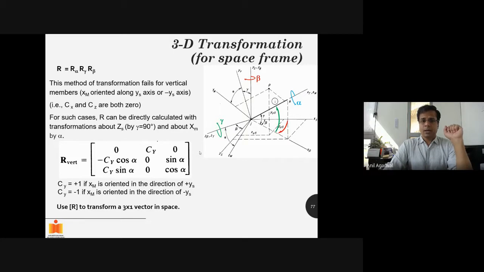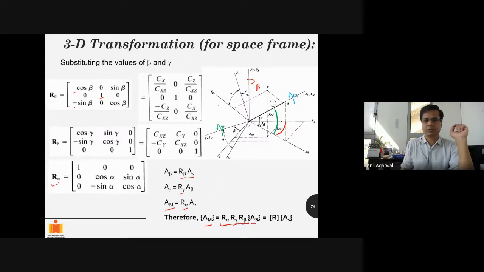Again, that question of vertical members still remains unanswered because, like before, the Y transformation cannot be done. The beta transformation, rotation about Y, has some terms in the denominator. As soon as you do this transformation, you will bring in terms in the denominator which can become 0 for a vertical member.